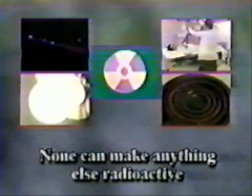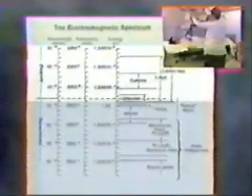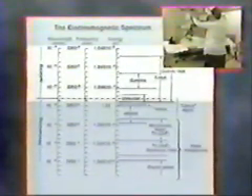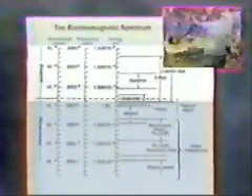None of them can make anything else radioactive, but any of them can cause injury if encountered in excessive quantities. We distinguish X and gamma rays from the other types of electromagnetic radiation because they have special properties, like the ability to pass through solid materials.